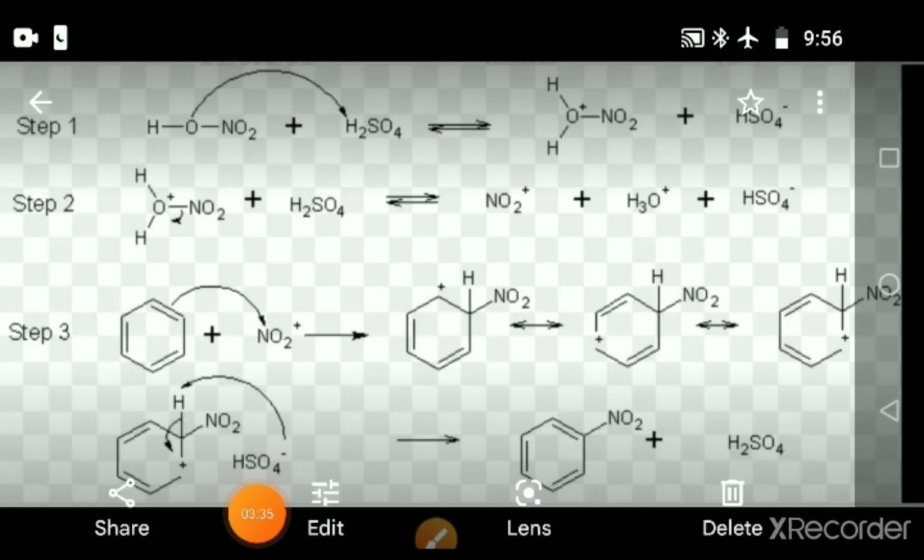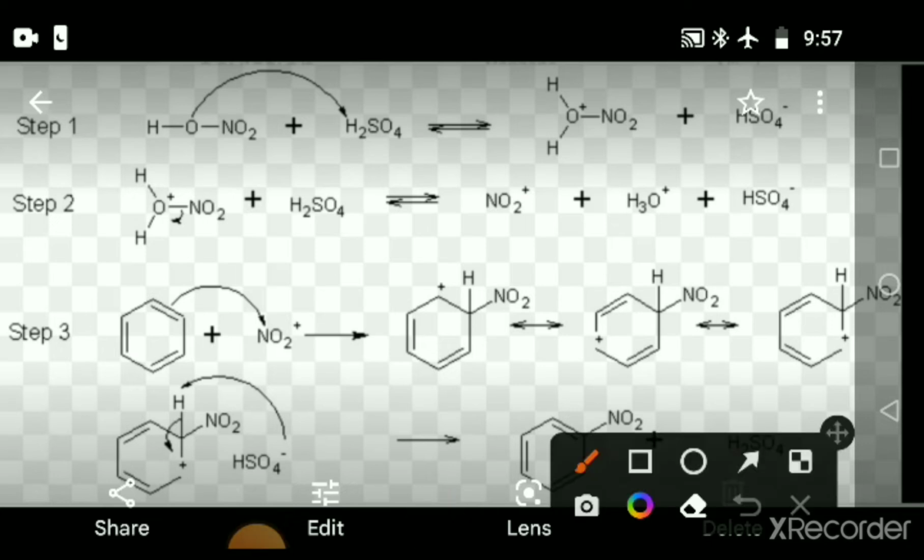There are three steps in the electrophilic substitution reaction. First step is generation of an electrophile. Second step is the formation of a carbocation.